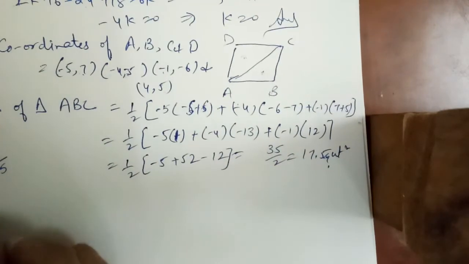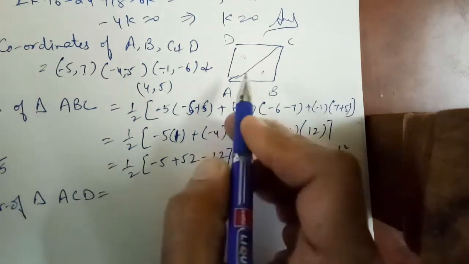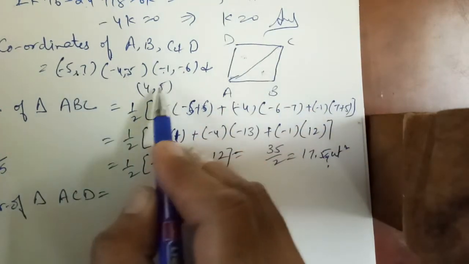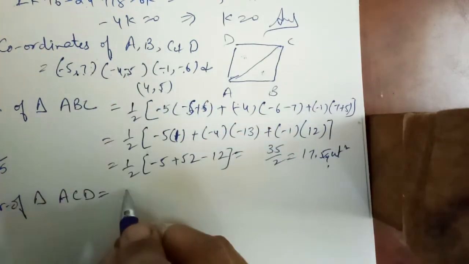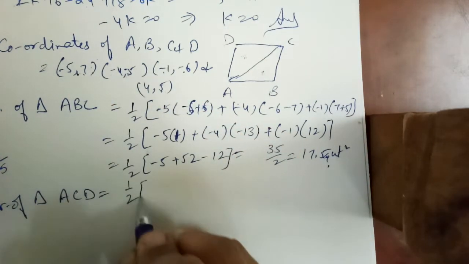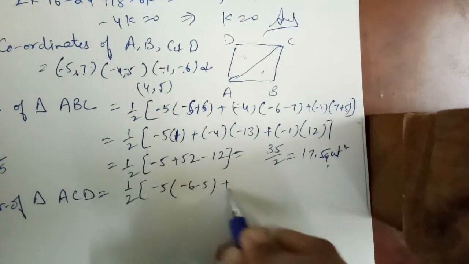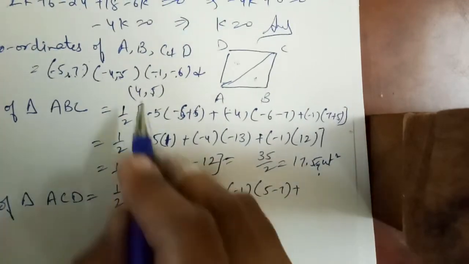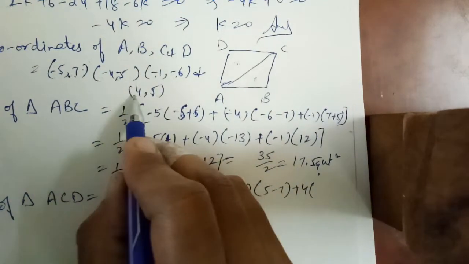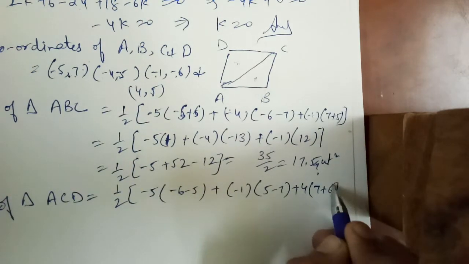Now we have to find the area of triangle ACD. So according to it, we have to adjust these three coordinates. That is half of minus 5 (minus 6 minus 5) plus minus 1 (5 minus 7) plus 4 (7 plus 6).